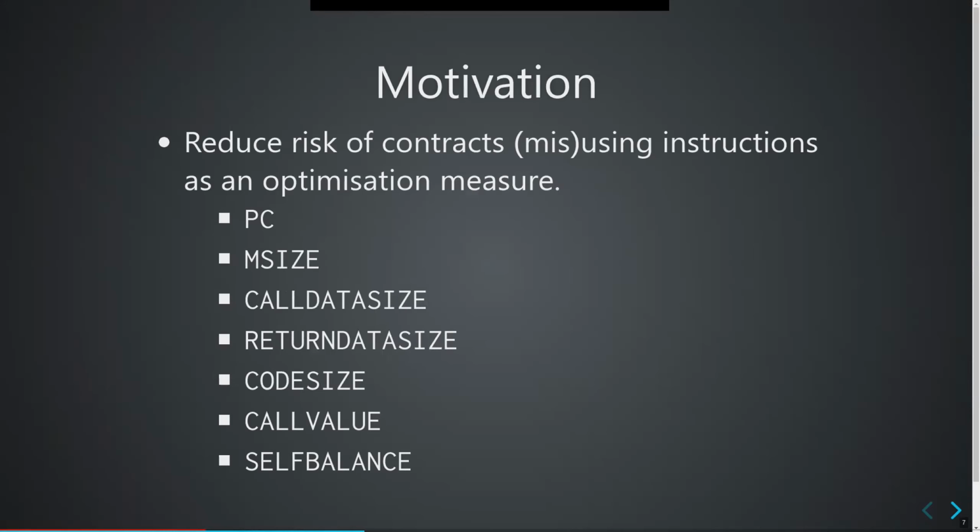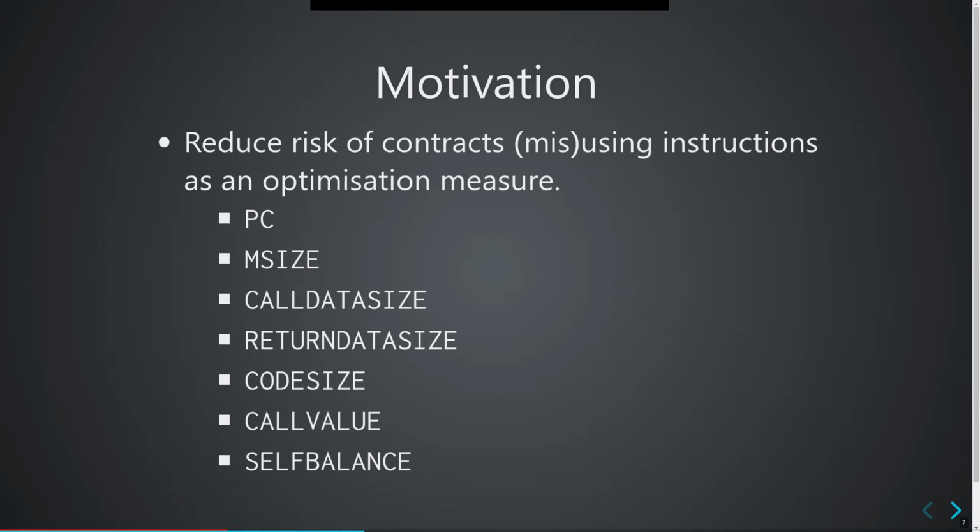Another important motivation for this EIP is to reduce the risk of contracts making use of other instructions in order to achieve this, pushing the value 0 on the stack, maybe optimizing for gas.